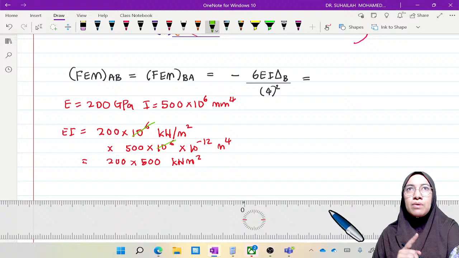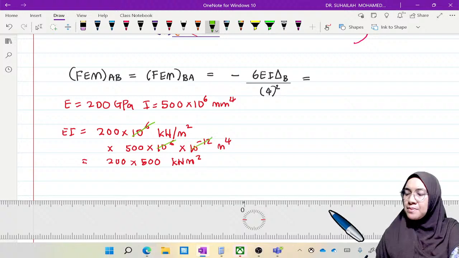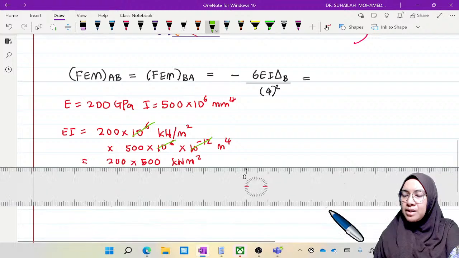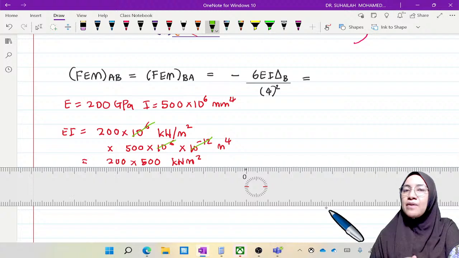Kilonewton per meter square times meter 4 gives meter 2, so kilonewton meter square is the unit for EI. It is 200 times 500 kilonewton meter square. This value we substitute into the FEM formula to calculate FEM for AB and BA.